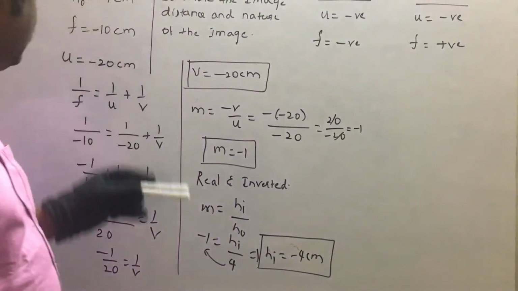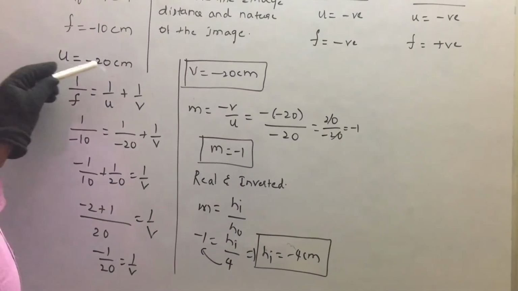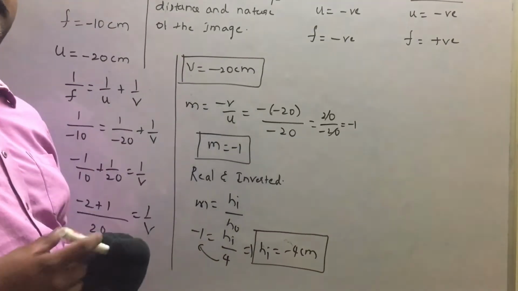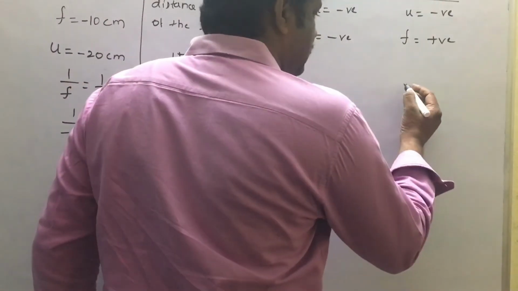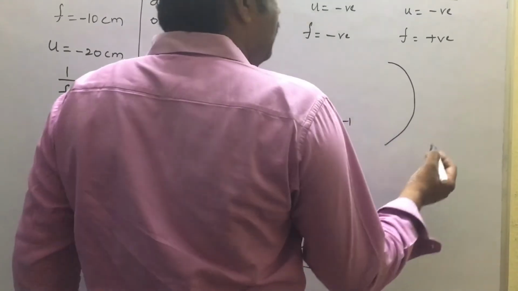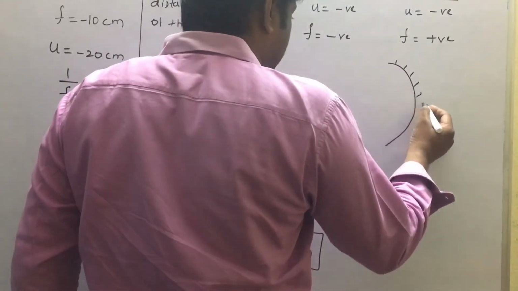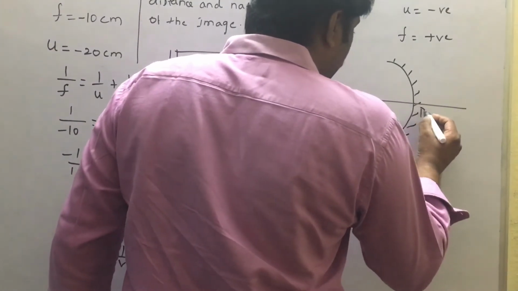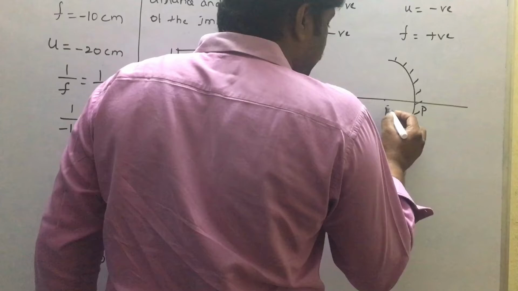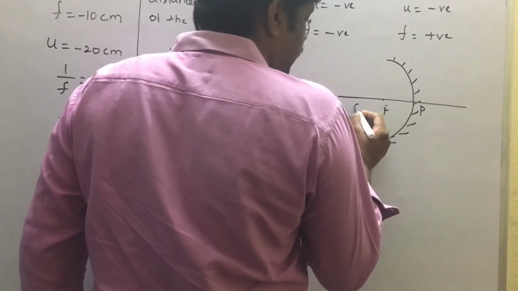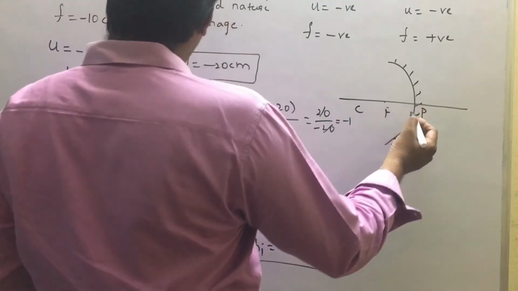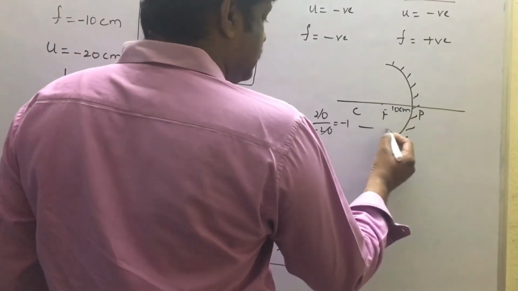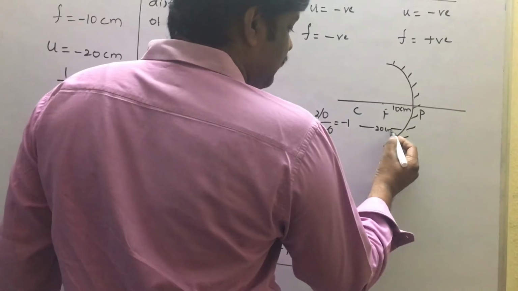And if you observe carefully, we got the object distance as 20 centimeters and the same image distance as 20 centimeters. That means if it is a concave mirror, this is the pole, this has the focus, this has the center of curvature. The focus is given as 10 centimeters, so the object is kept at the center of curvature, that is 20 centimeters.